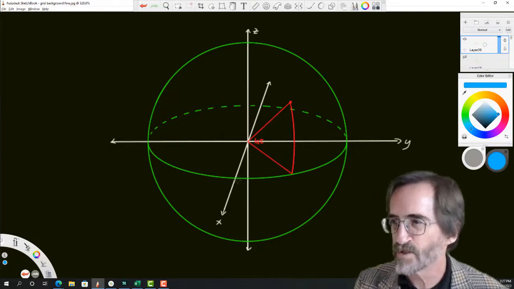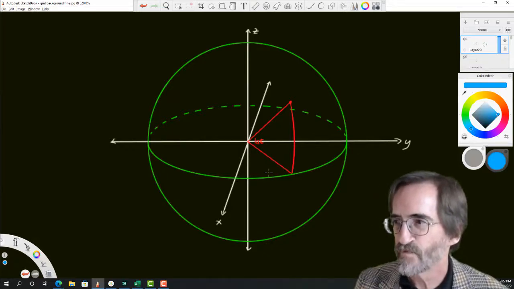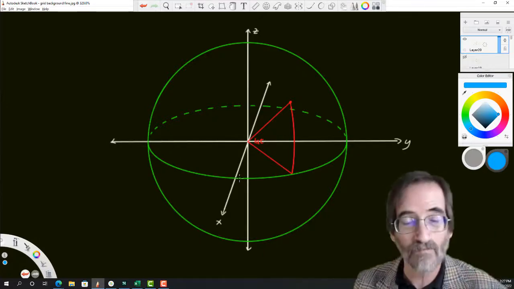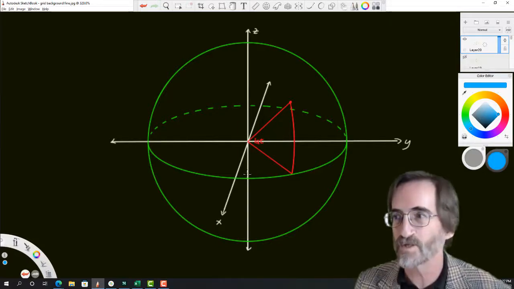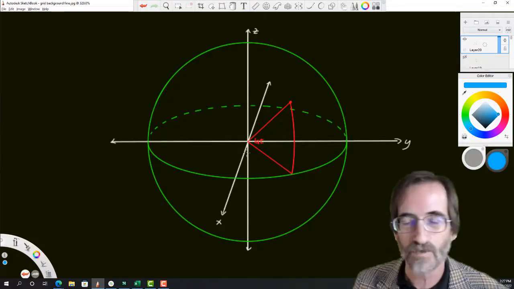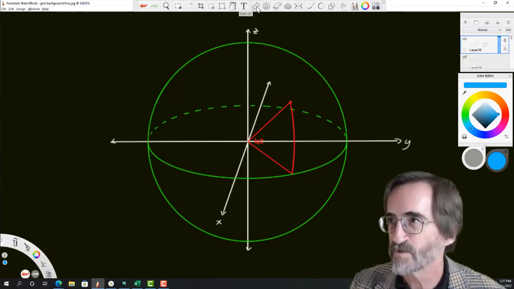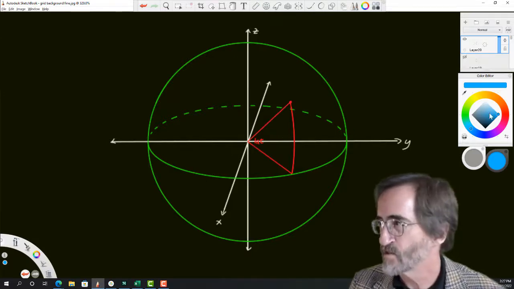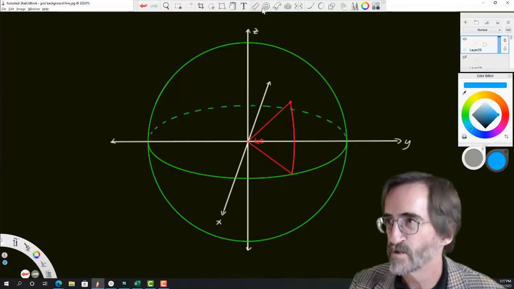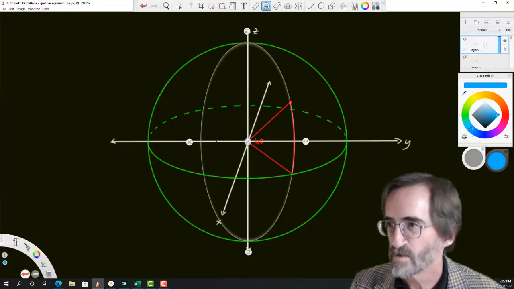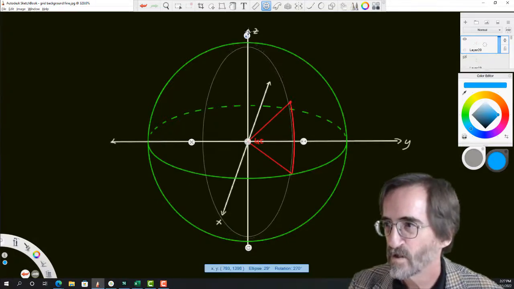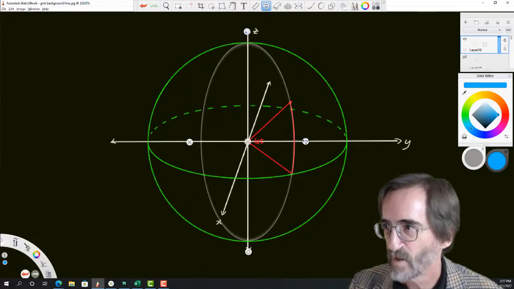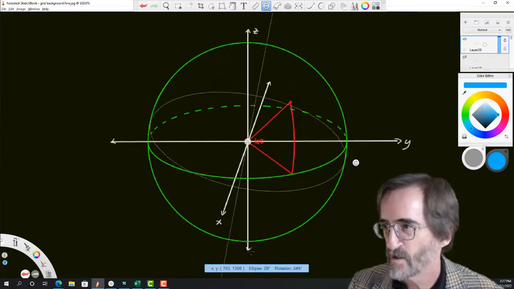Now our longitude number is measured from the prime meridian, which is in Greenwich, England, and that's considered 0 degrees. Our displacement from 0 degrees is our longitude number.